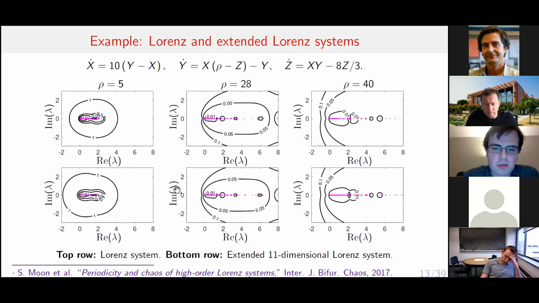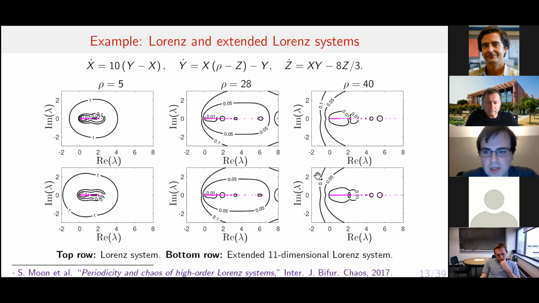The bottom row will correspond to an 11-dimensional extension from this paper down here. The contours show the pseudospectral contours, so that's the size of the epsilon. And the magenta show the eigenvalues of EDMD. So you can tell using the contours, for example, that this eigenvalue corresponds to pollution, whereas these ones don't.